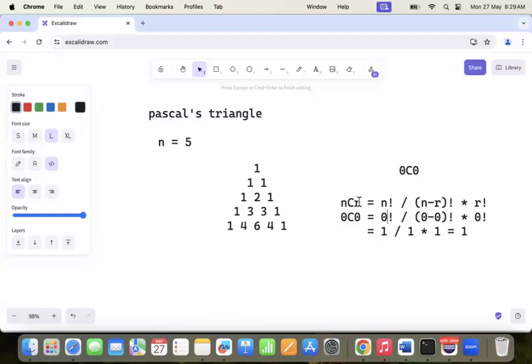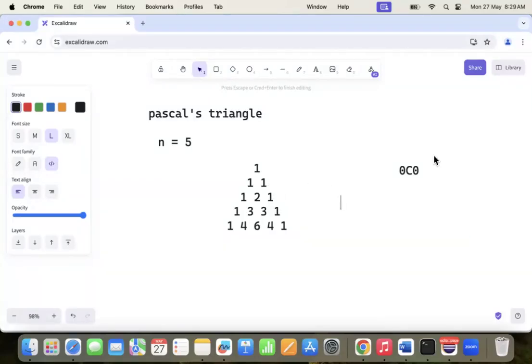Please understand me, folks. Let me delete this. Now the next row. Please understand the next row. This is 1C0, and the next value is 1C1.